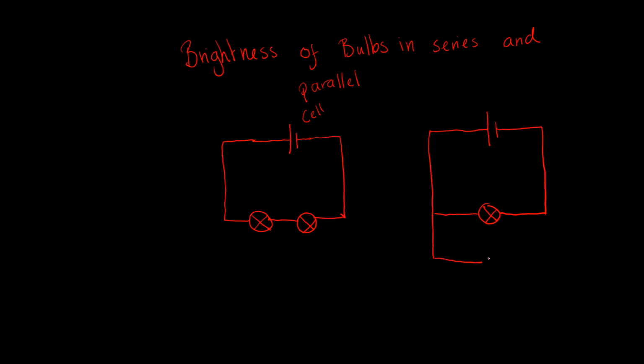So what actually happens in a series circuit like this, where you've got 2 bulbs, is that the voltage is shared amongst the bulbs. So they actually appear quite dim.